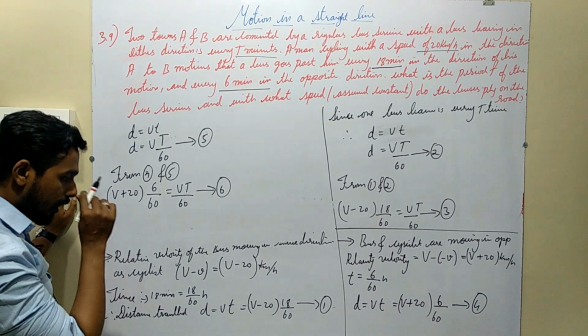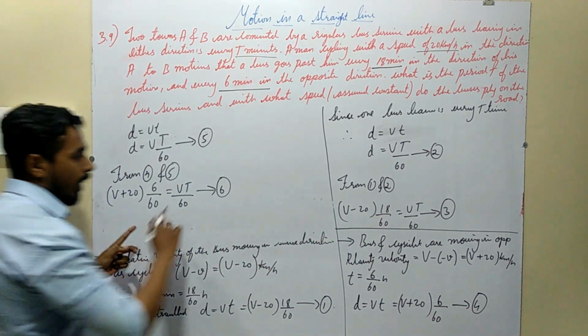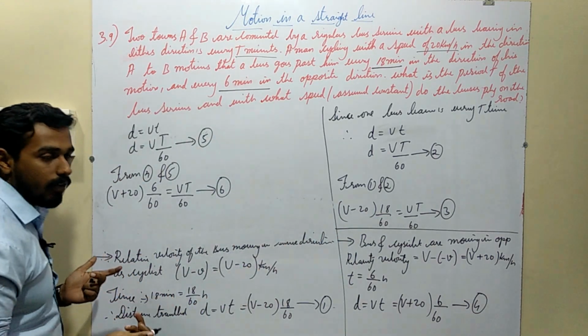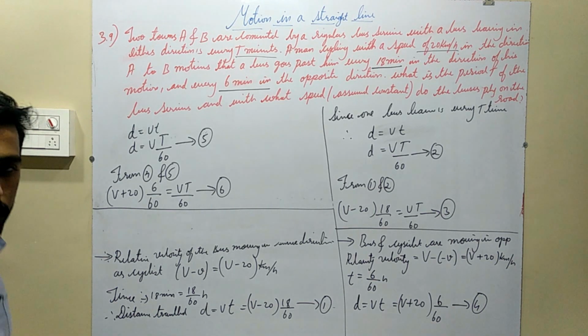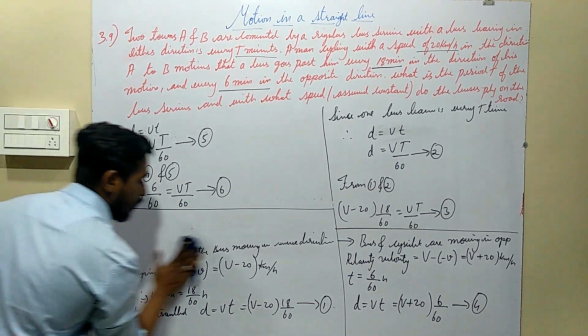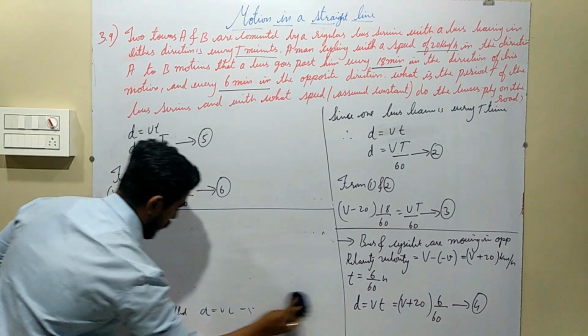Now if you observe carefully, in equation 3 and 6, right hand sides are the same. Therefore left hand sides of these two equations will be equal. Just observe here.